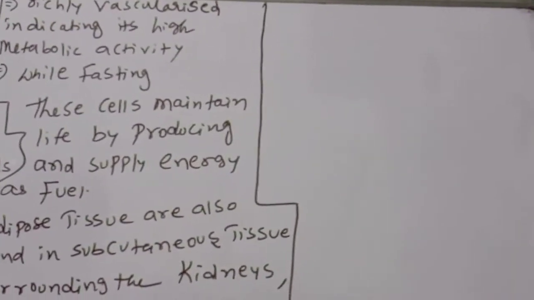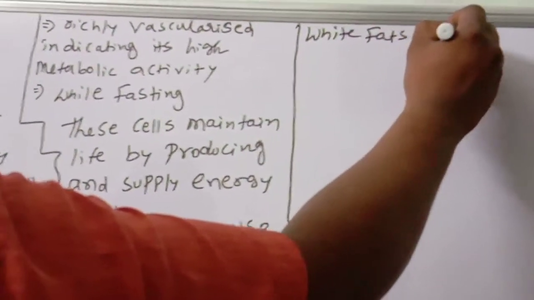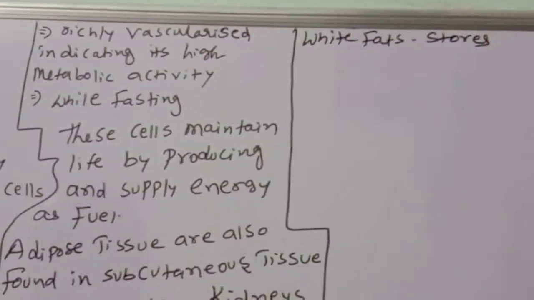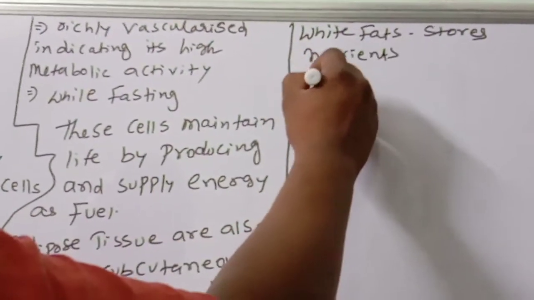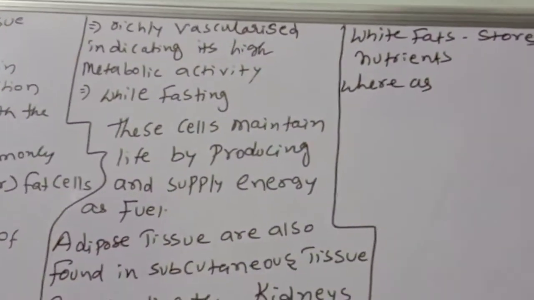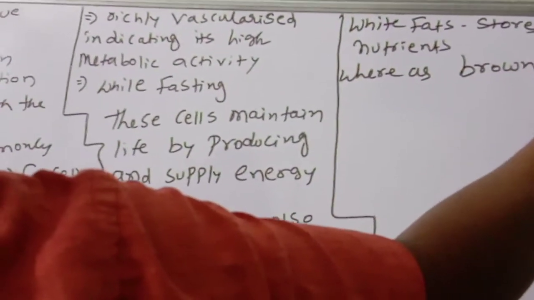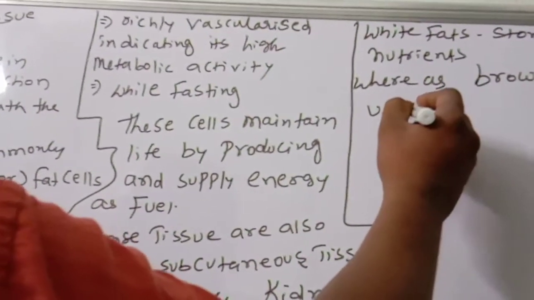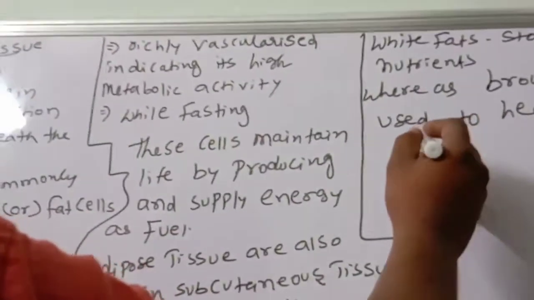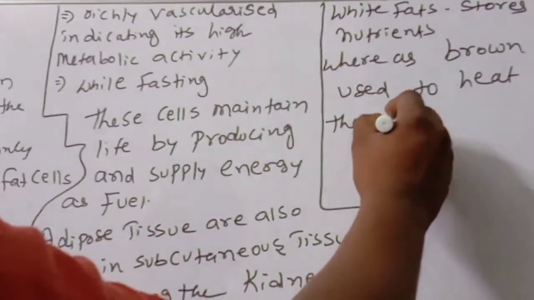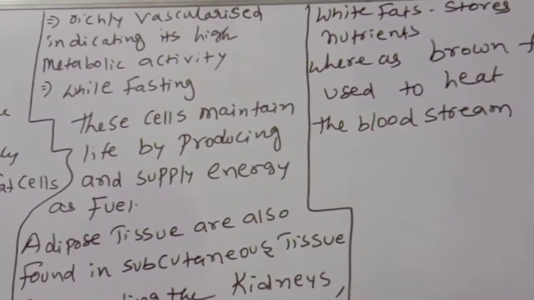White fat stores nutrients, whereas brown fat is used to heat the bloodstream. This is also an important point: to warm the body.